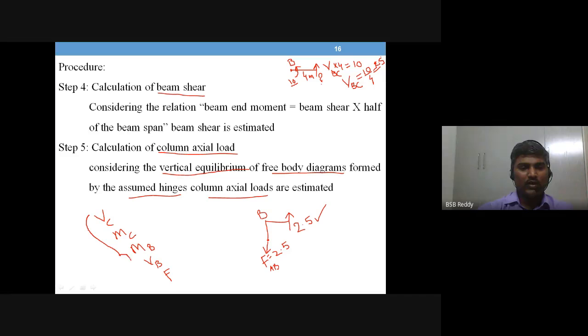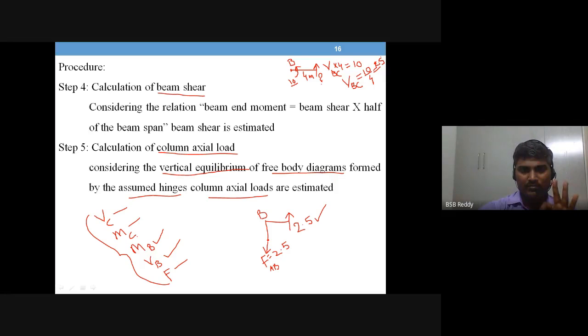So 5 quantities must be calculated in this order, step by step. You have 5 quantities, 2 in beam and the remaining 3 in column. Column will have 3 internal forces: shear, moment, and axial load. Beam will not have axial load, so you have only 2 quantities: bending moment and shear force, VB and MB.